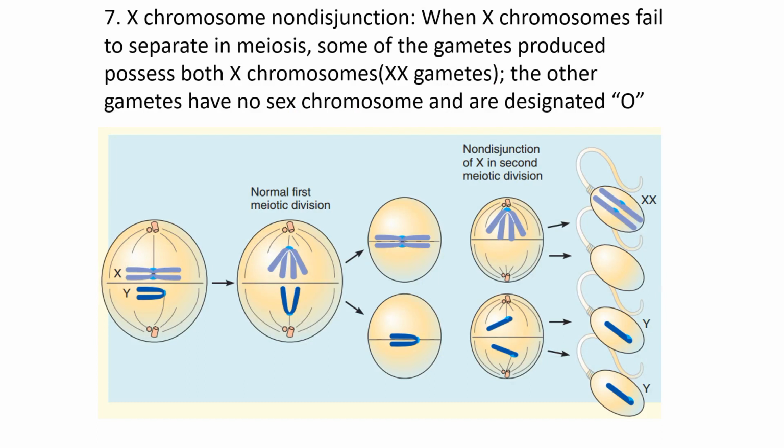Now, X chromosome non-disjunction is a condition when the X chromosomes fail to separate in meiosis 2. Some of the gametes produced will possess both X chromosomes, which is an XX gamete, because the X chromosomes here should be separated, but they failed. So you have an XX gamete, and the other gamete will have no sex chromosome, which is designated as O, or nothing.